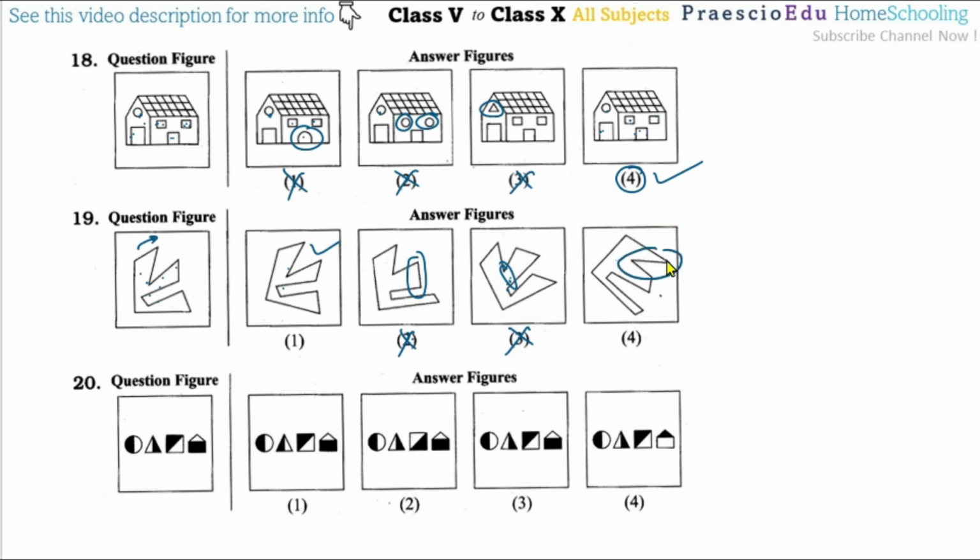And this shape, here the corner, and this point and this point, the distance between them is totally different, so option number 4 is also incorrect. Even this shape and this shape are different for option number 4, so option number 1 is perfectly matching.